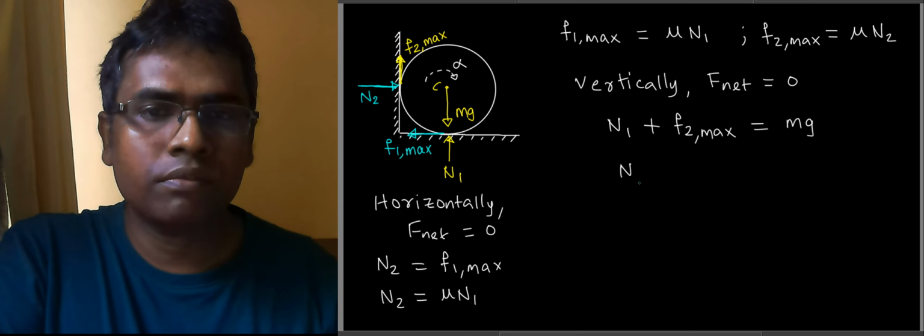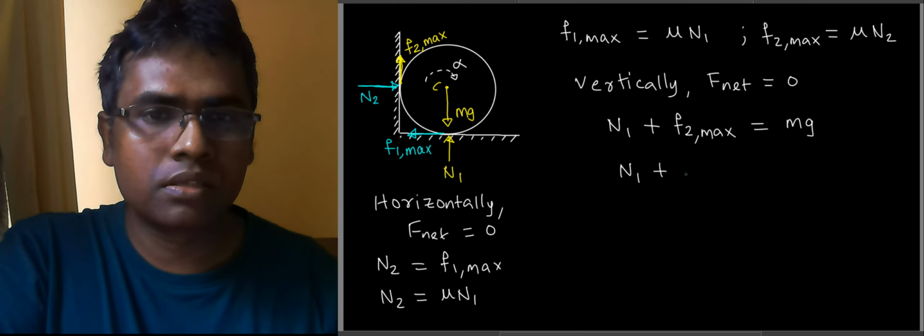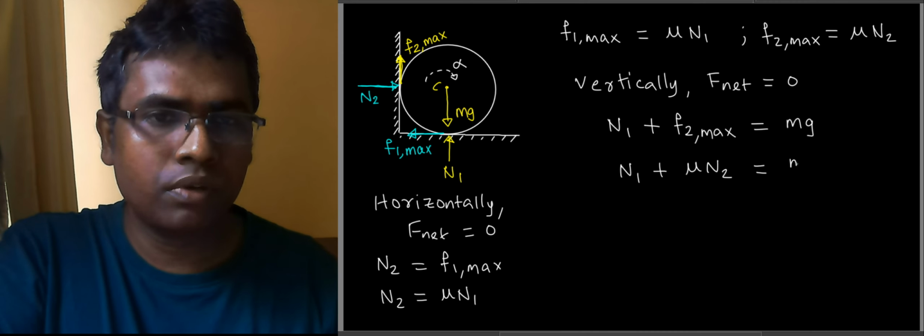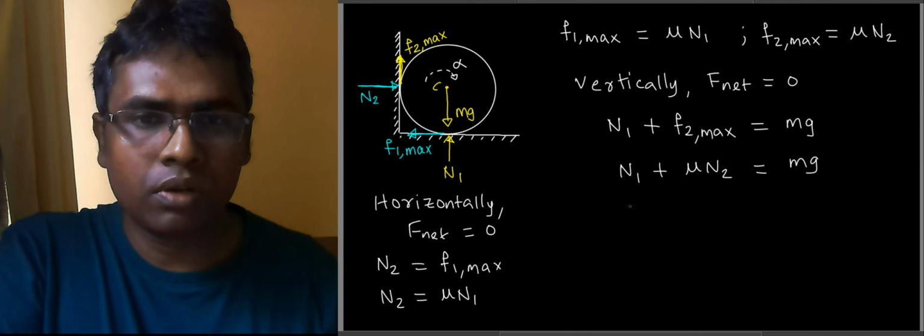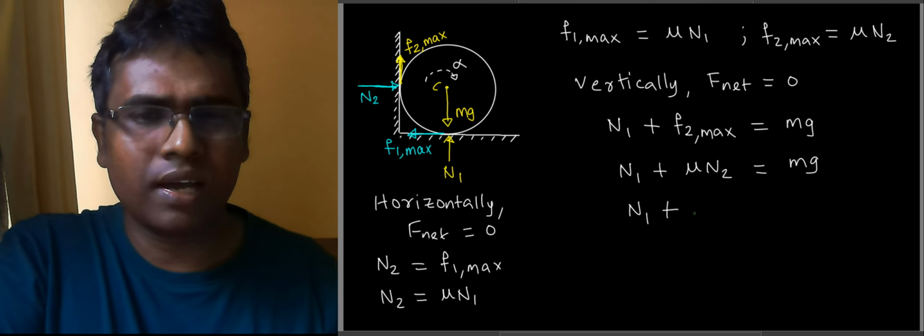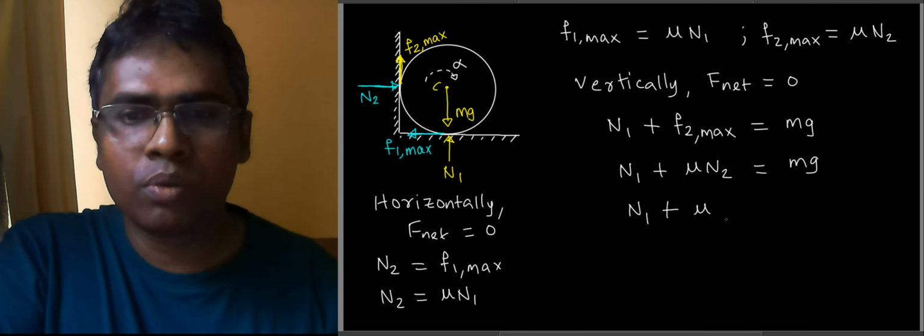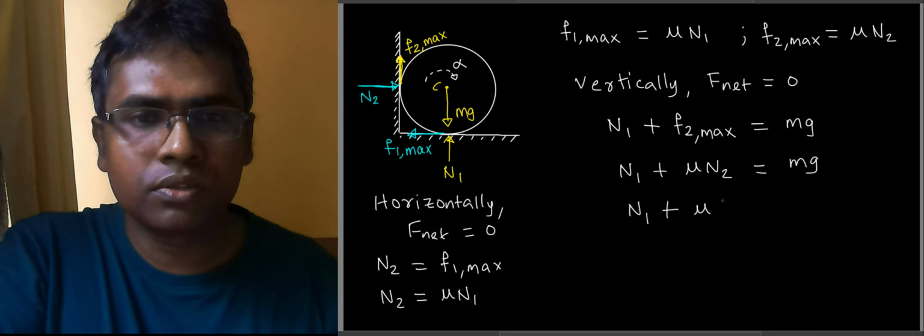Now, what is F2 max? This is mu times N2, and that is equal to mg. Now let us substitute N2 here. Again, this is elaborate algebra, so you have to be careful.